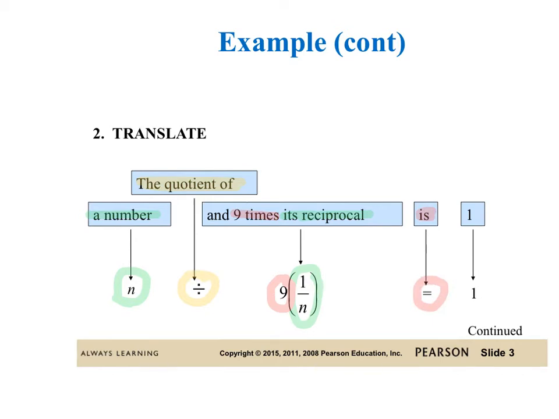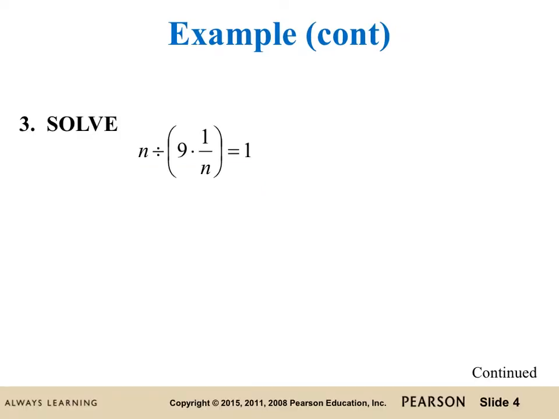And then the last is that the number's quotient and that of its reciprocal times 9 is 1. So at this point, we've translated our words into an equation. So at this point, we're ready to proceed to step 3.